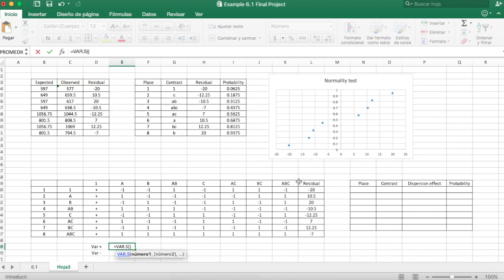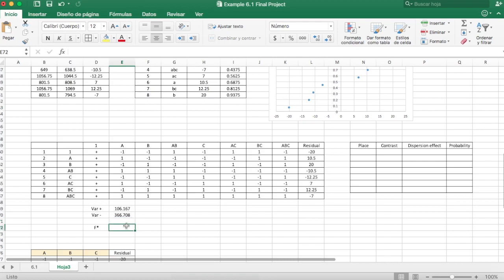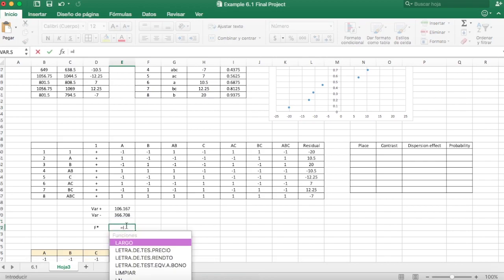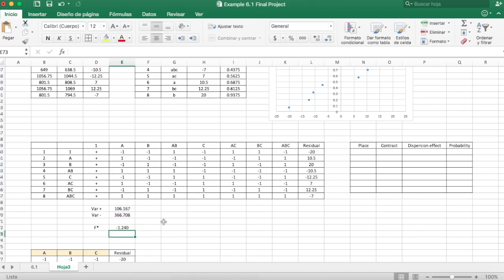It's very important to use S because it is a sample, and it's this one, and you select this one that is positive and positive, and here you do the same but for the negatives of A. Then to have the dispersion effect, you calculate the natural logarithm of the variance of the positive values over the variance of the negative values.